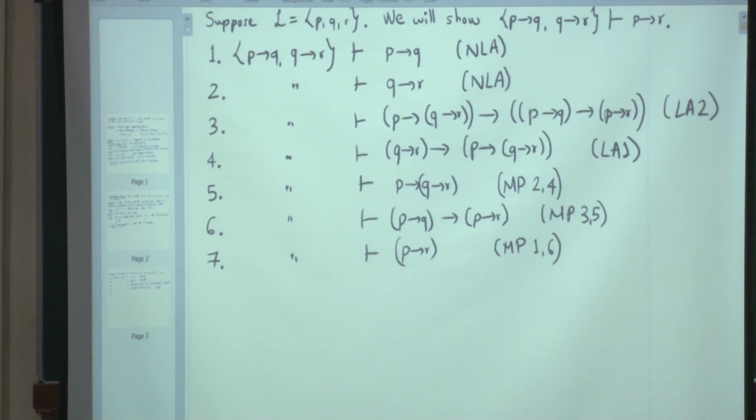Less than 7 lines, only 3 lines, only 2 lines, I have no idea. This is the shortest proof that I can come up with. So I don't want to say anything about the length. As long as the length is finite, you are okay. And there could be different proofs. Yeah, there could be multiple proofs of the same statement.